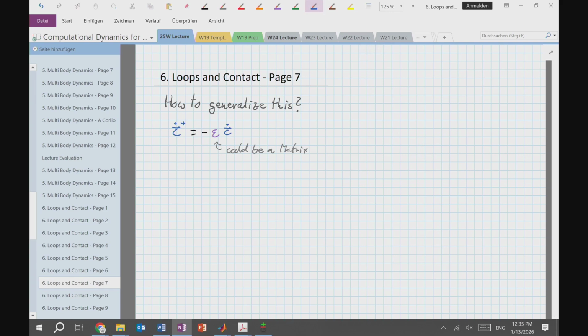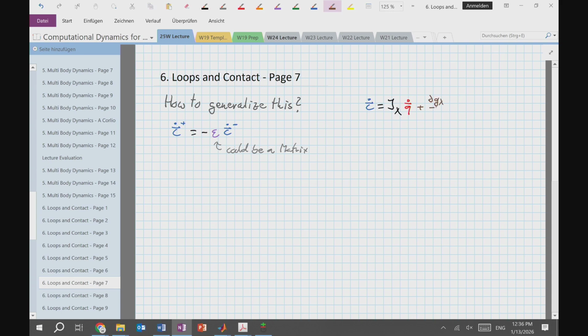But it gives us a way to now work with, sorry, there should be a minus here, epsilon times c dot minus. We can now work with this also in our generalized coordinate space, because we know that c dot is our J lambda times q dot. For rheonomic systems, there may be an additional term here, right?